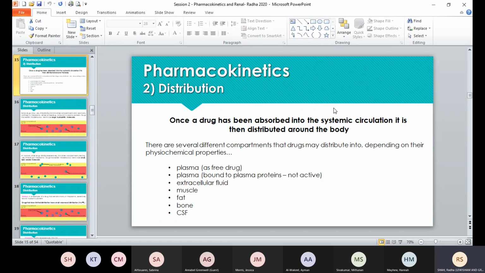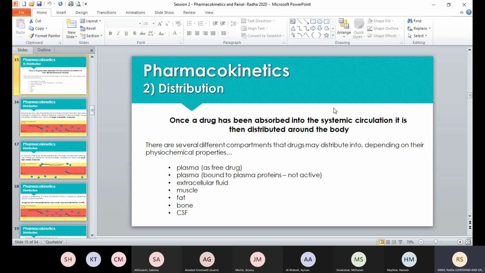Okay, so now we move on to distribution. Once the drug has been absorbed into the systemic circulation, it's then distributed around the body. There are different places and different compartments that the drug may distribute into, depending on its physicochemical properties. So, does the drug go into the plasma as a free drug?